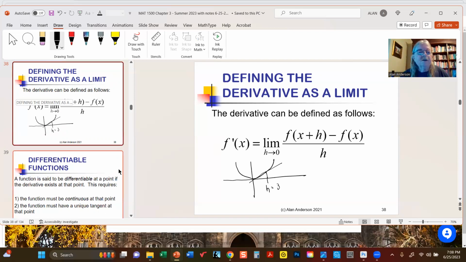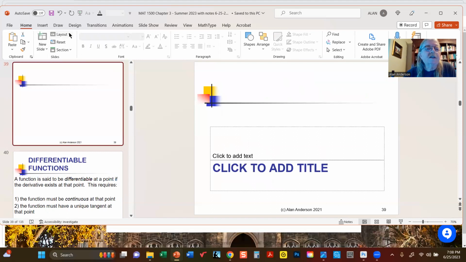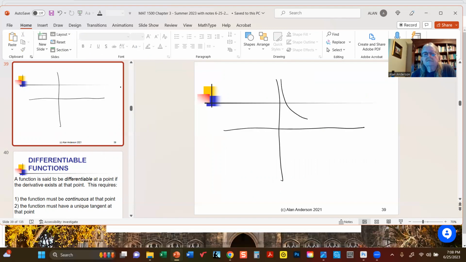But what happens if you have something like this? And we've seen these already. This is y equals 1 over x.